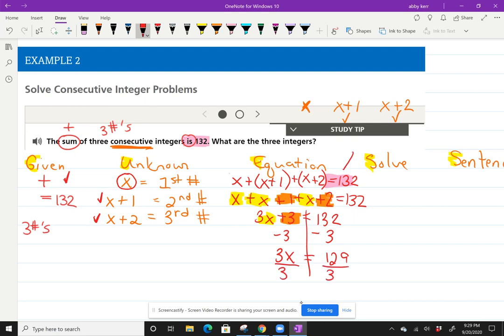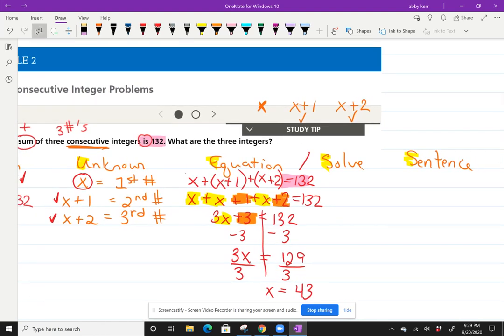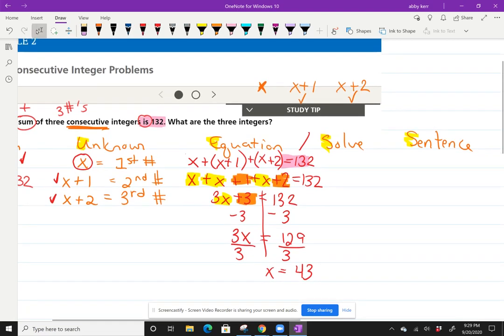And notice that equation and solve really go underneath the same column. So then 129 divided by 3 gets you 43. Now that is just the first number. You could plug it into the x's, but let's just use some common knowledge.